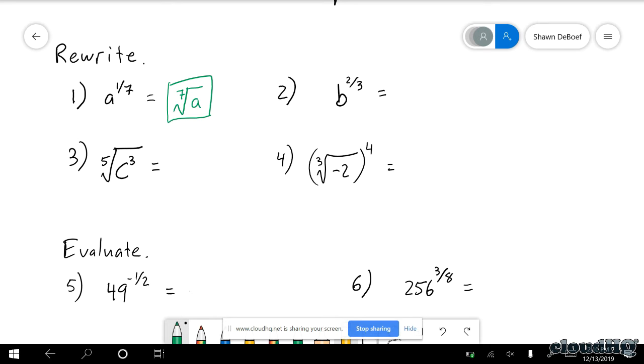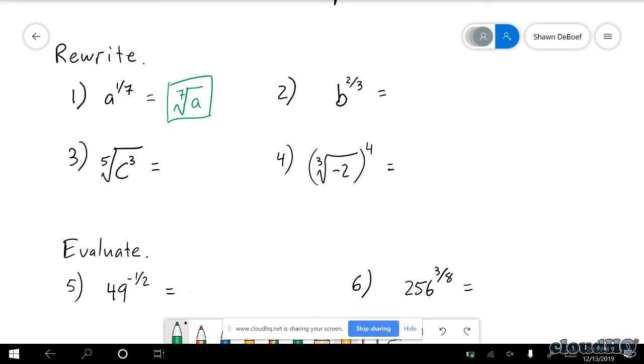But you may notice in the next one, the second one, something a little bit unique. It says b to the 2/3. I have a numerator different than 1, and so I have to deal with that.